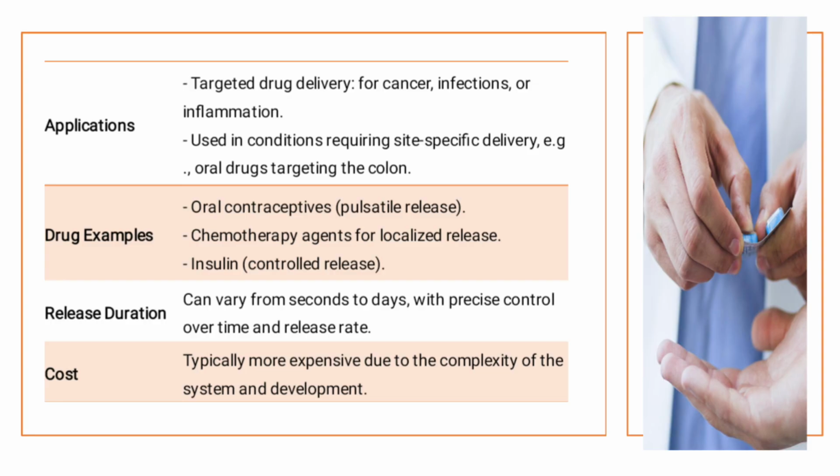Okay, so we can say that the release duration can vary from seconds to days with precise control over time and release rate. Okay, that is, it is not slow and steady like sustained release. It can happen at a specific point in time or based on the body's need.